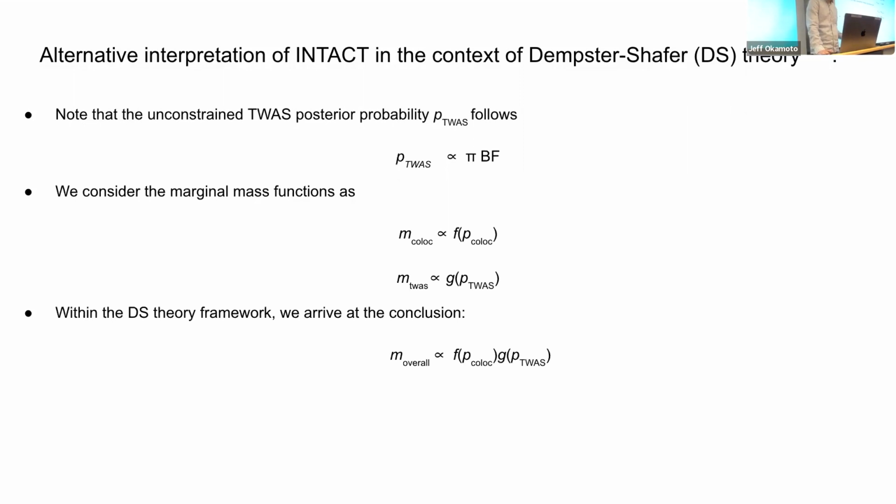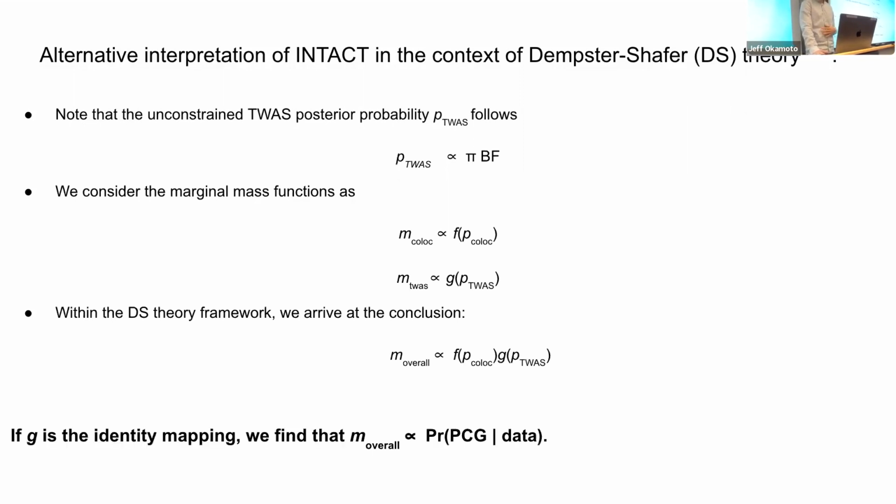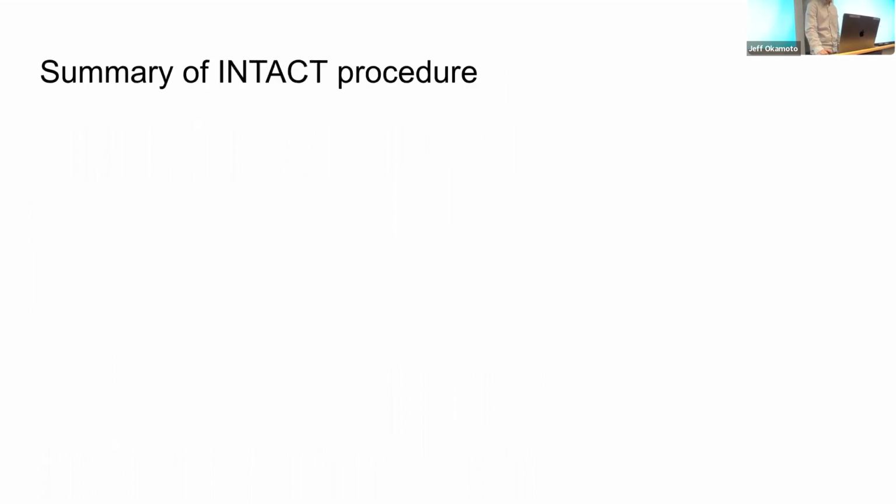Applying Dempster's rule of combination, we can arrive at this conclusion, where the punchline here is that if g is the identity mapping, then we find that the overall mass function is actually proportional to the posterior probability. This essentially means that for our non-model based DS theory framework and our Bayesian framework that was based on our SEM, the overall rankings of genes will be the same based on these two different approaches.